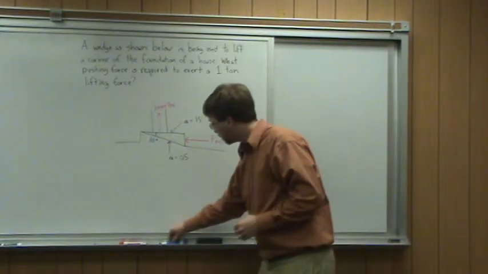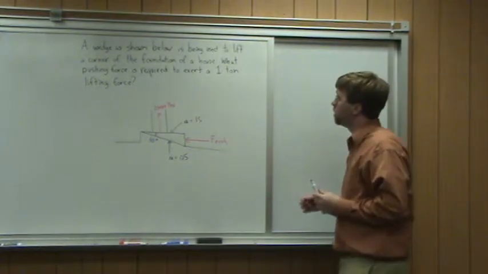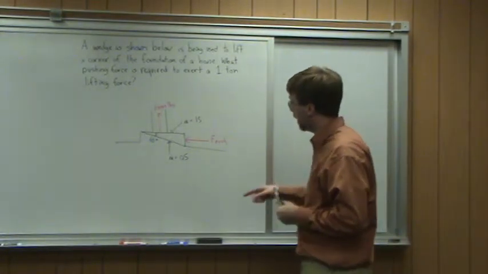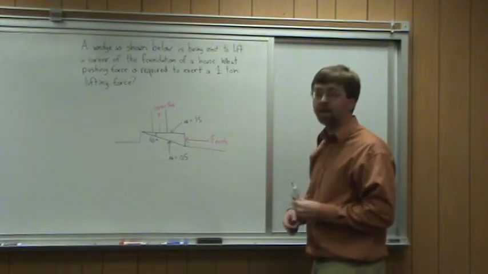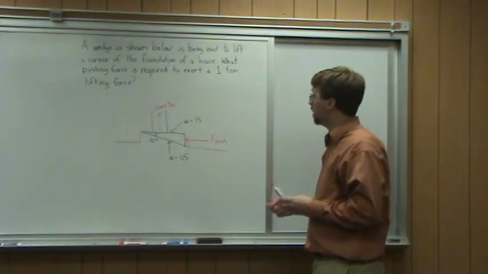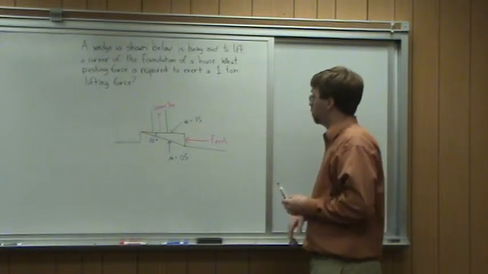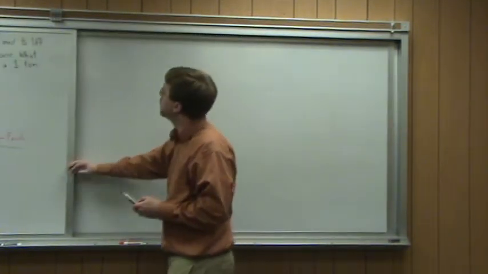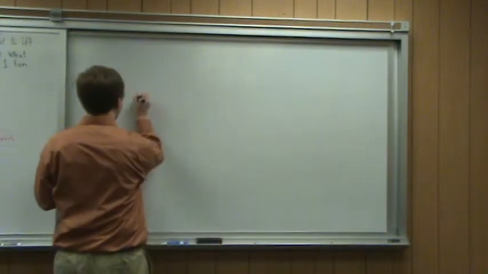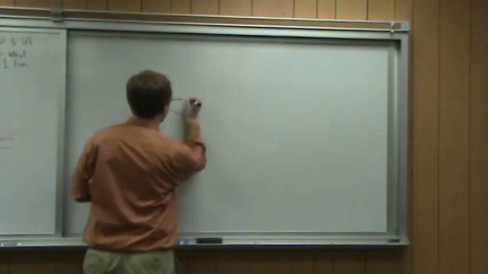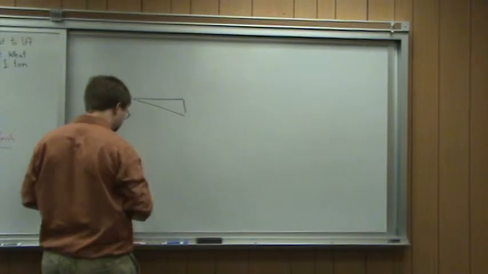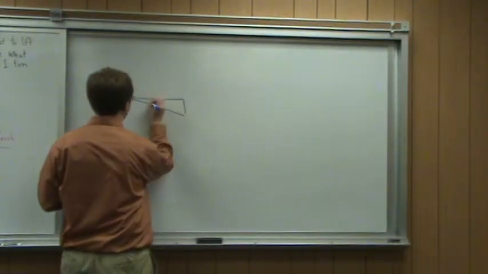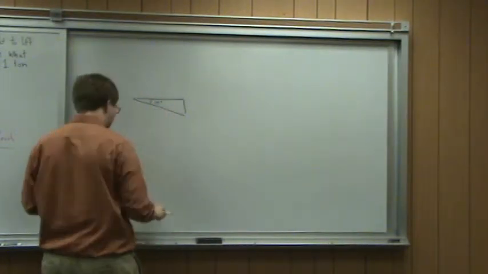So for this particular wedge problem, I'm going to go ahead and try and draw a free body diagram of the wedge itself and see if I can figure out what I need for this F push. So if I draw in my wedge, I've got a 10-degree angle right there.